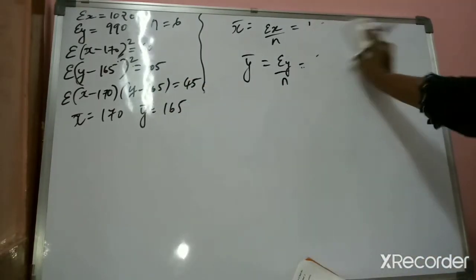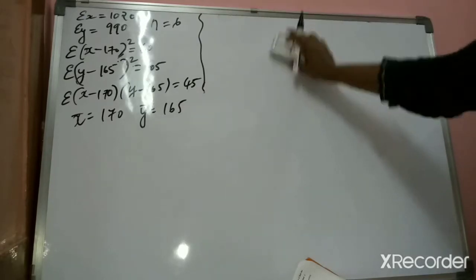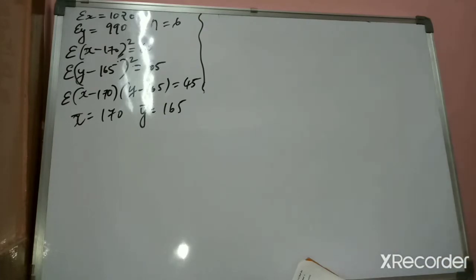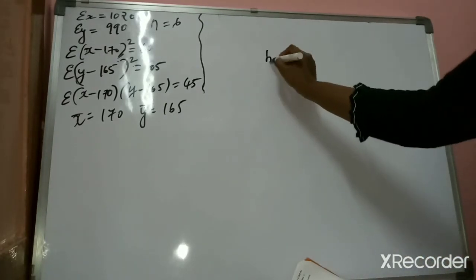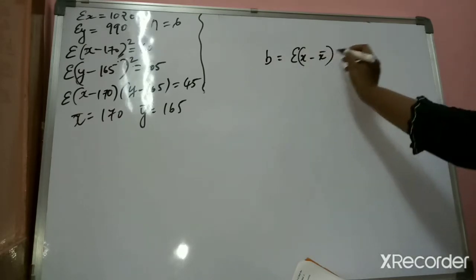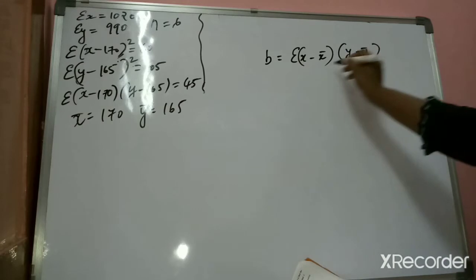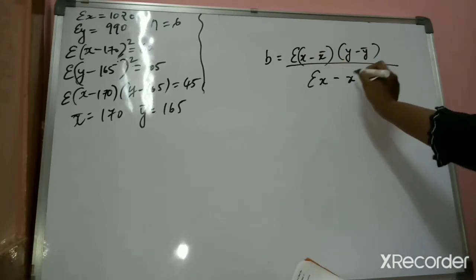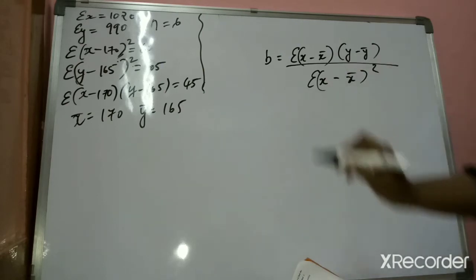Now the next thing that you have to find out is your b. Clear? So the formula for b would be like this: sigma (x minus x bar) into (y minus y bar) divided by sigma (x minus x bar) the whole square.